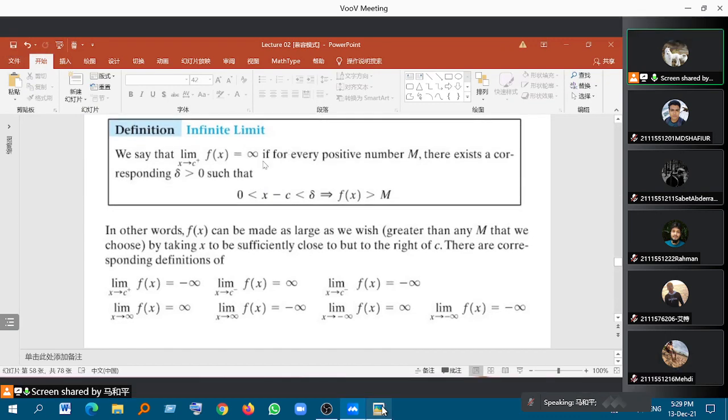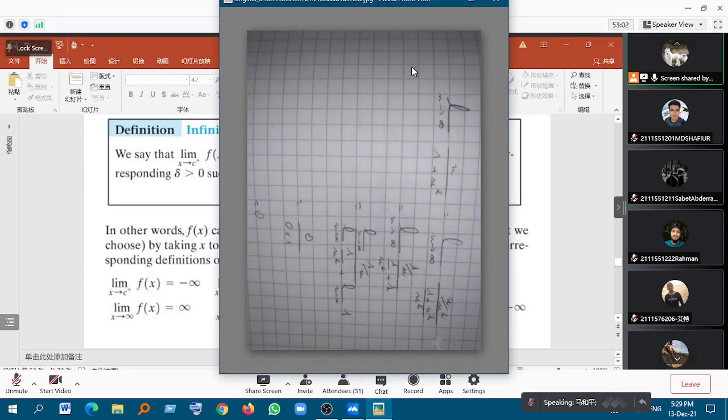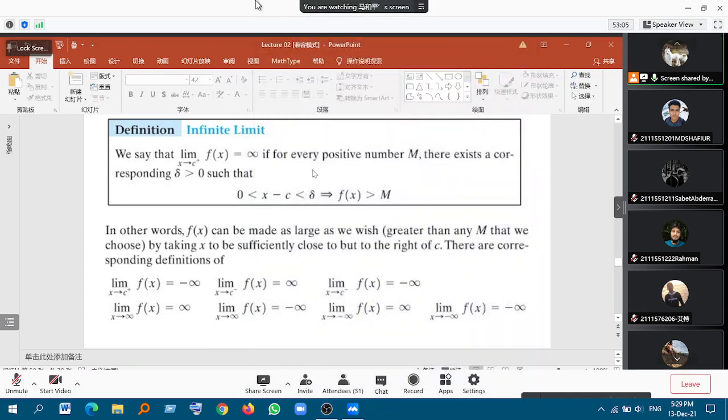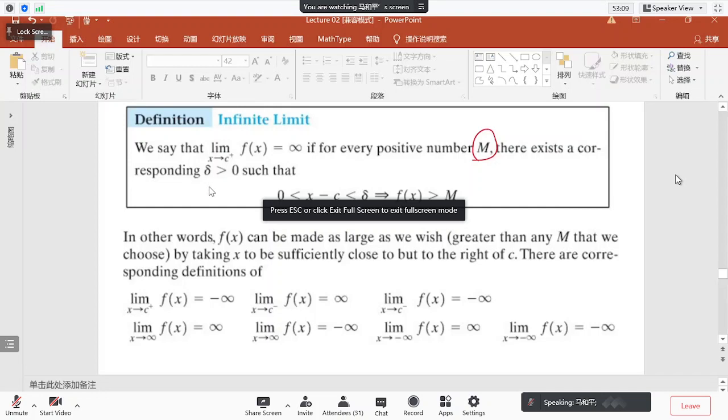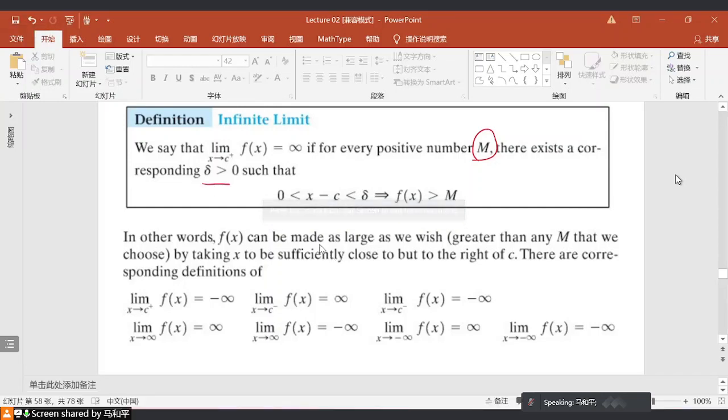We say the limit as x approaches c from the right of f(x) is infinity if for every positive number N there is a corresponding delta greater than 0 such that, because x approaches c from the right, x is greater than c, this means x minus c less than delta, greater than 0 implies f(x) gets larger and larger without bound.